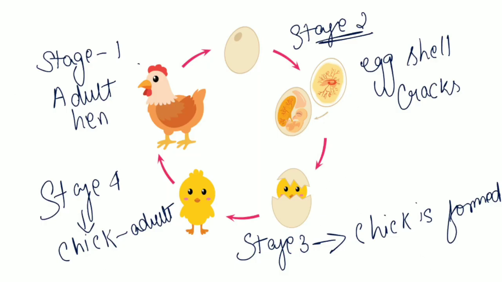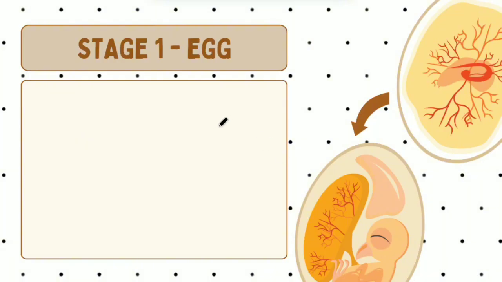Let's see stage 1, stage 2, stage 3 and stage 4 briefly. The first stage is the egg. The adult mother will lay an egg.